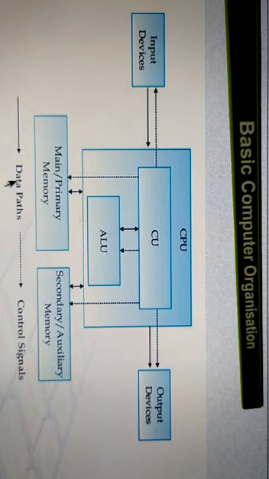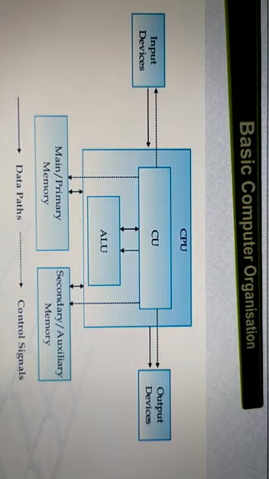Here we use two types of memory. One is internal memory, that means primary memory. The primary memory is used when data is currently being processed, and the secondary memory is used for storing information permanently, like hard disk, pen drive, etc. We will discuss it in the next session in the memory unit separately.